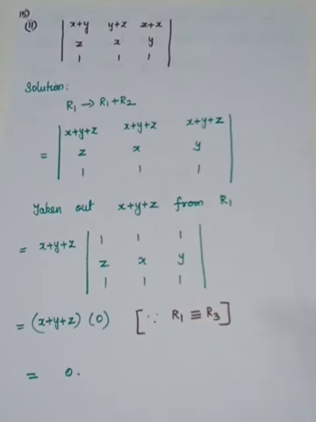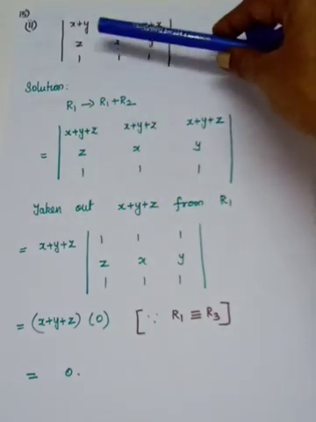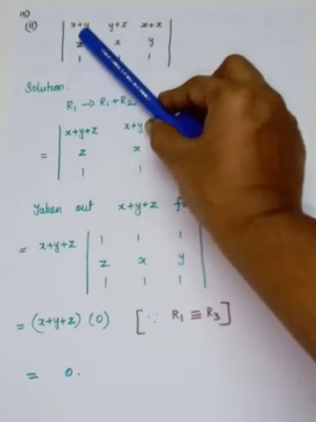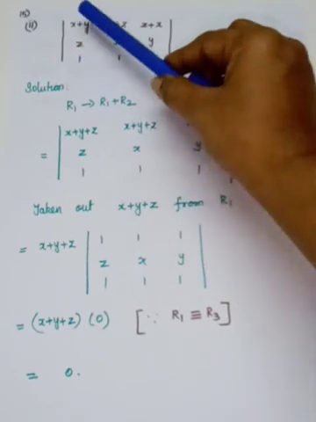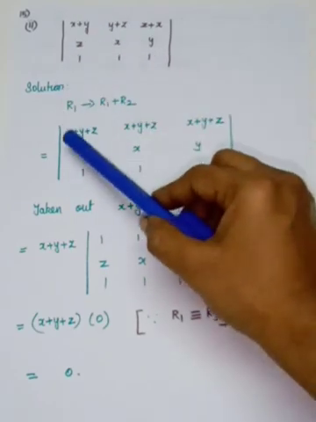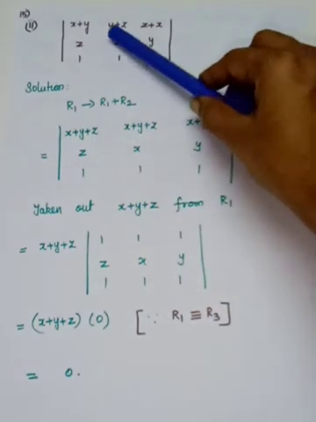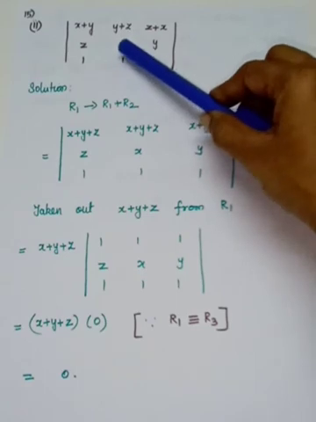Using that property, I am going to add R1 and R2. If I add, you see that x, y is there, and z is missing; z is in the second row first element. So when you add these two, you will get x plus y plus z. In the same way, here y and z are there, x is missing, and x is in the second element of the second row.